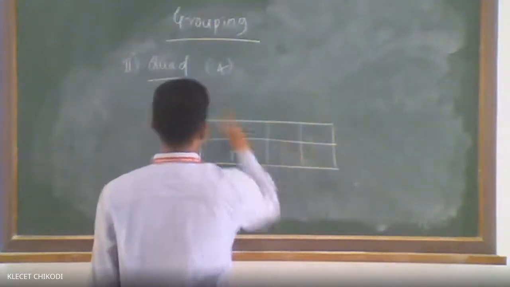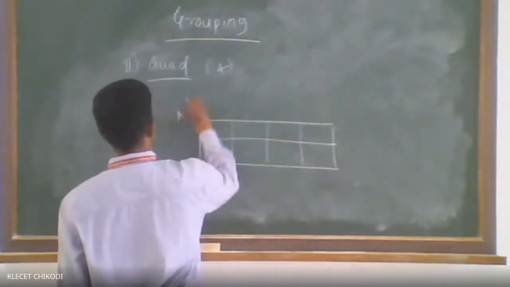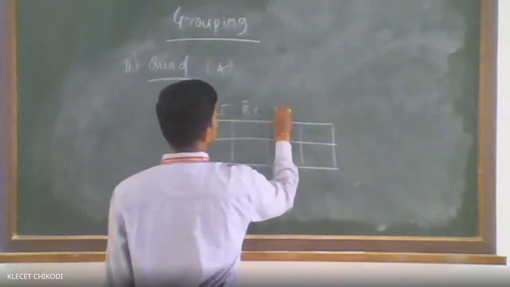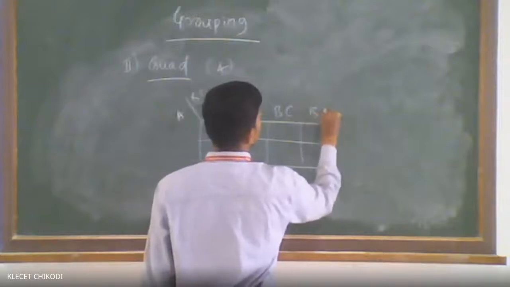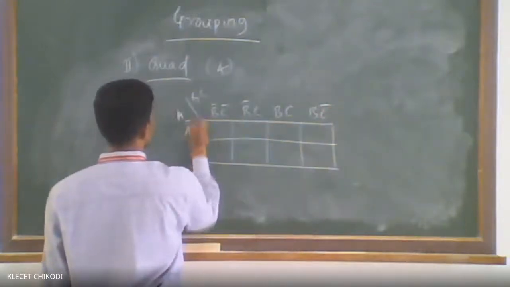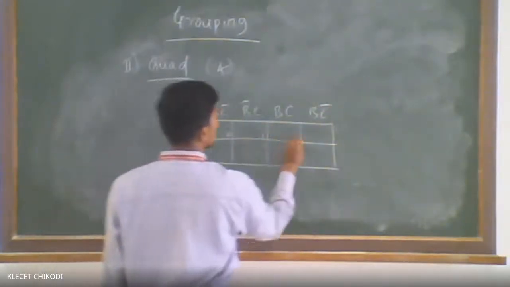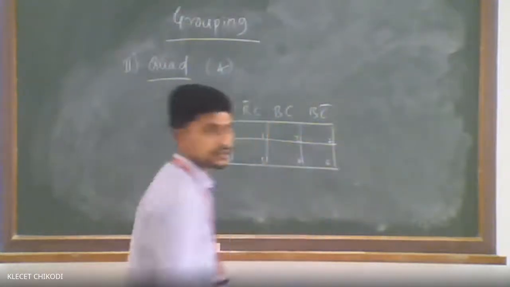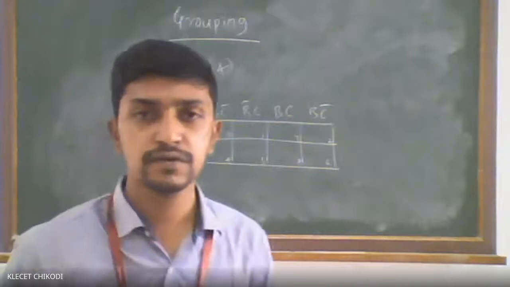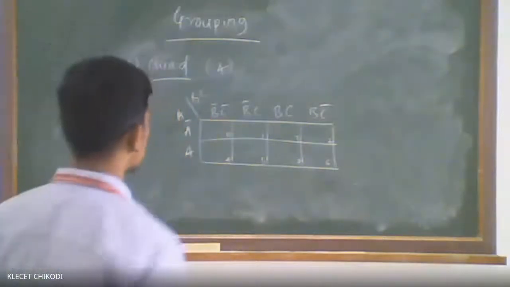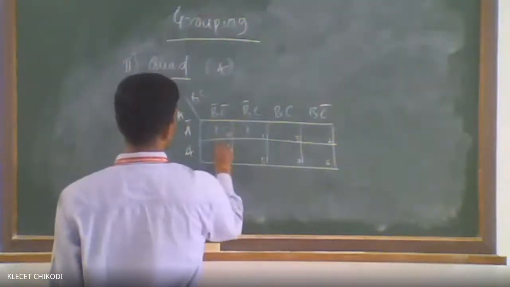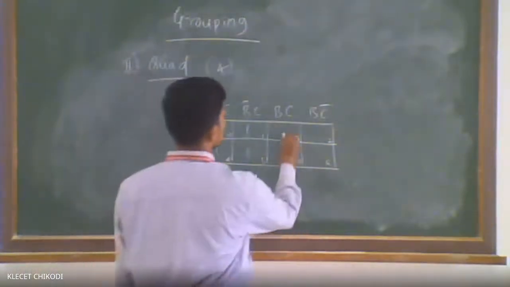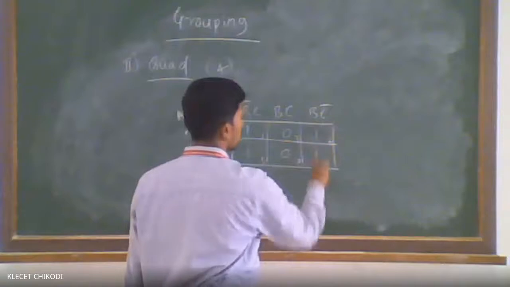So that is A, B, C, with B bar C bar, B bar C, B C, B C bar, and A bar, A. The cells are 0, 1, 3, 2, 4, 5, 7, 6. Consider I have 1, 1, 1, 1 here and 0, 0, 1, 1 here.